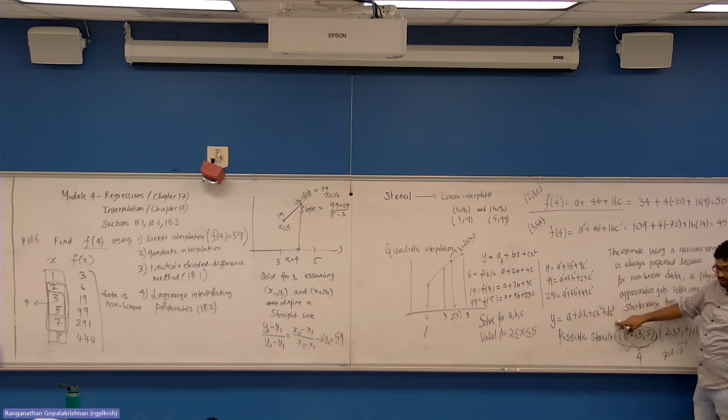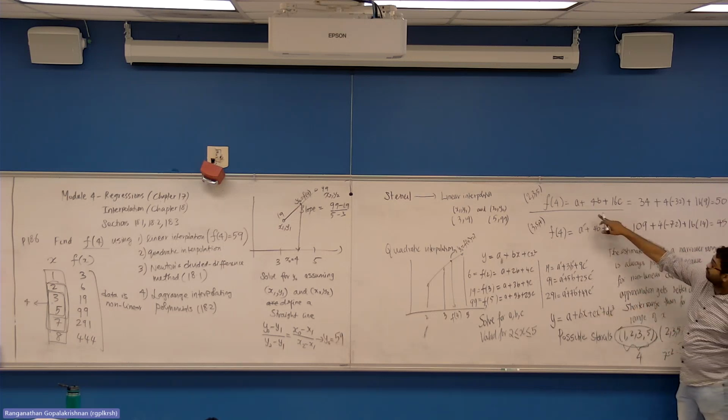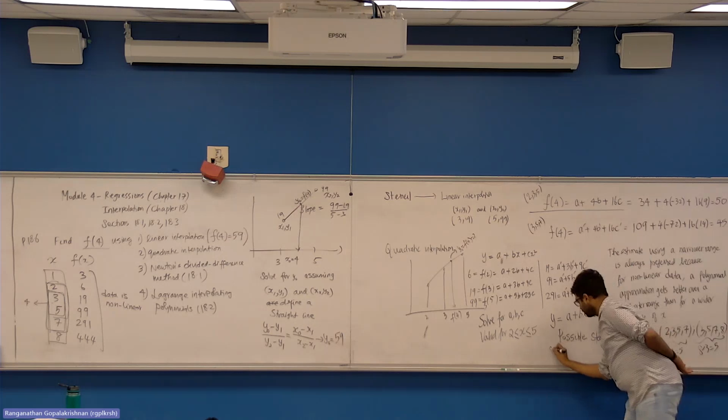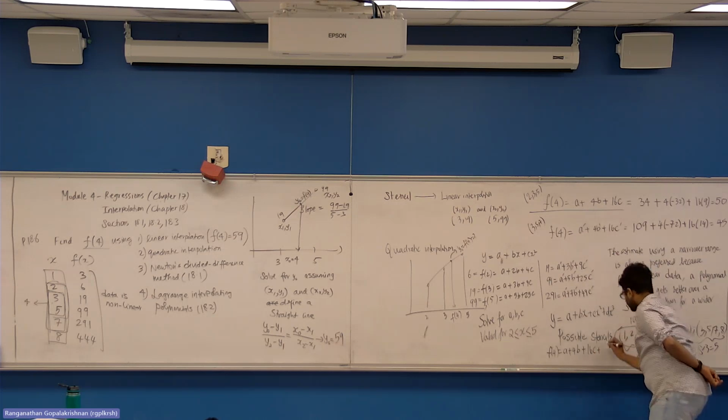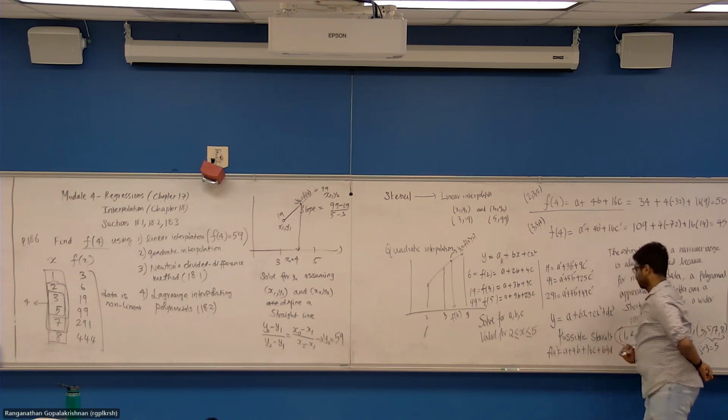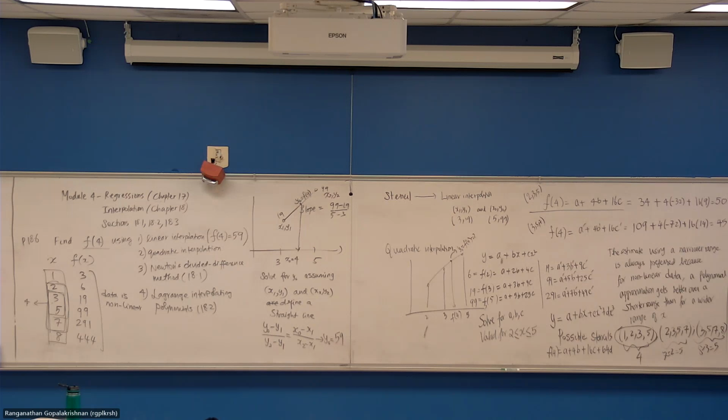Solve for A, B, C, and D, and then f of 4 would be A plus 4B plus 16C plus 64D. You can keep doing this with higher order polynomials if necessary, but the concept is this.